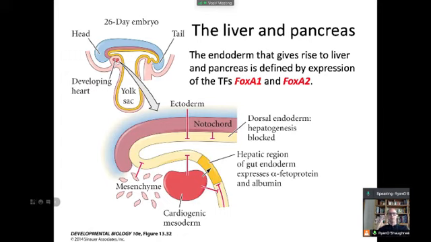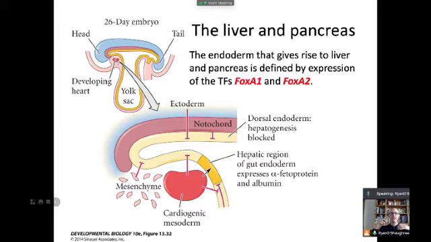So now let's look at the liver and compare it to the pancreas. Remember that they're in the same region of the developing digestive tract. The endoderm that gives rise to both liver and pancreas is defined by the transcription factors FOXA1 and FOXA2.